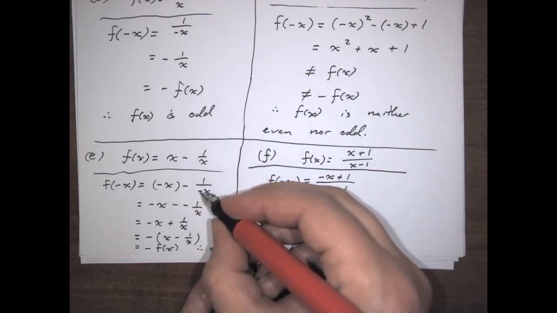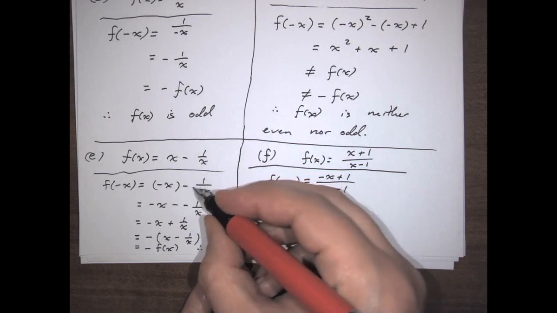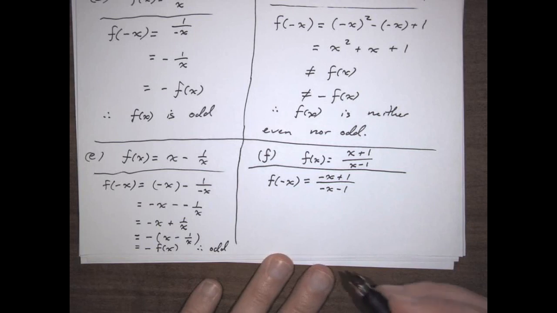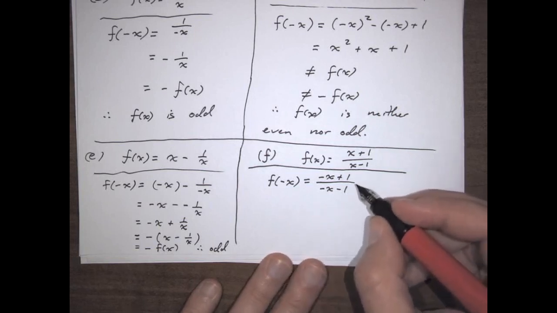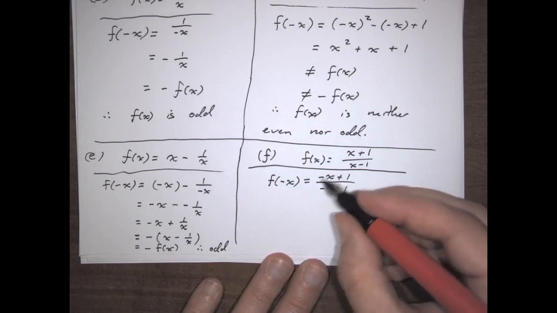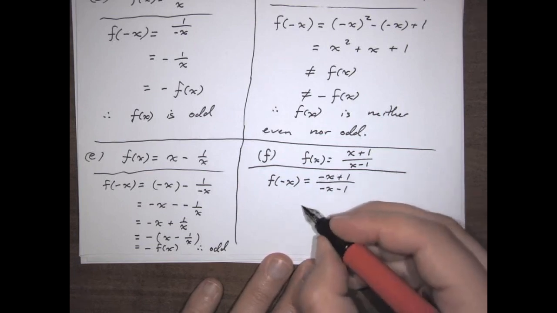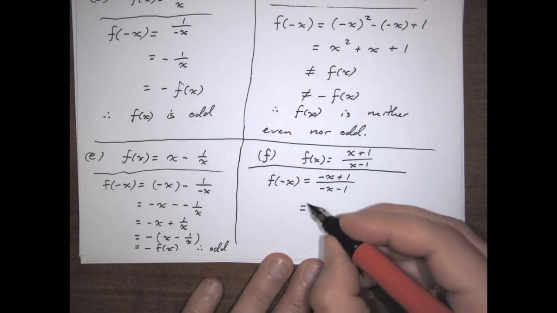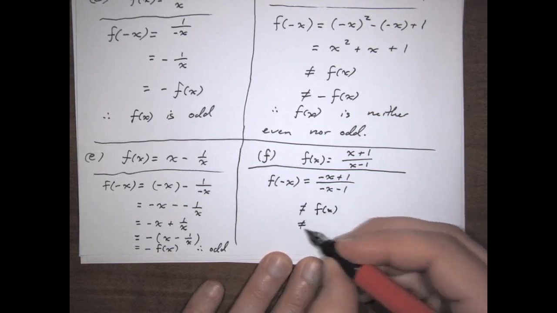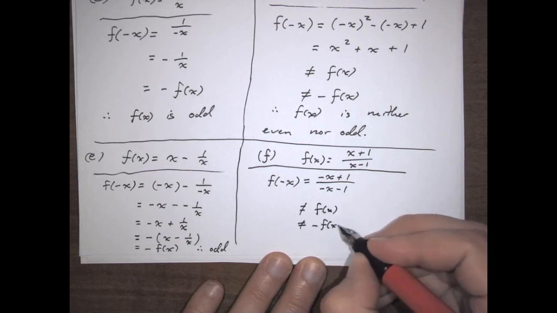When we had a fraction before, we were able to pull the negative out to the front because the negative belonged to the entire numerator or the entire denominator. But this is not the same thing. The negative is only on the x. It's not on both terms. So this is not the same as f of x, and it's also not the same as negative f of x.